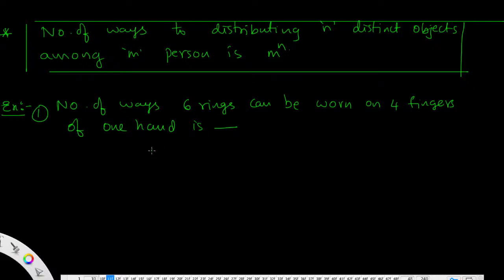So 6 rings means ring 1, ring 2, ring 3, ring 4, ring 5 and R6. Each ring can go in 4 ways. 4, 4, 4, 4, 4, 4. Totally 4 power 6 is the answer.